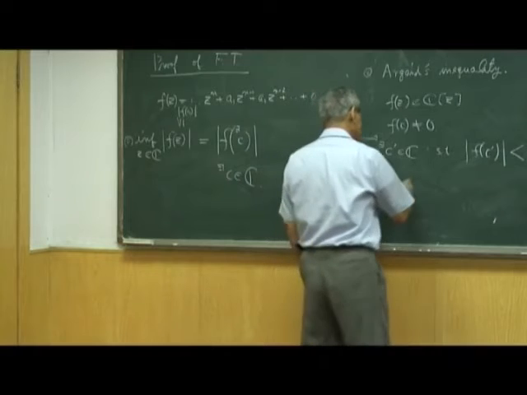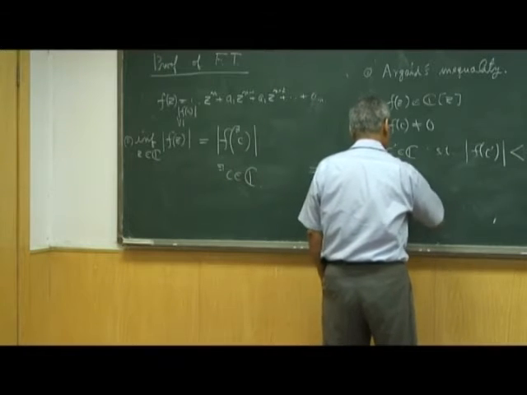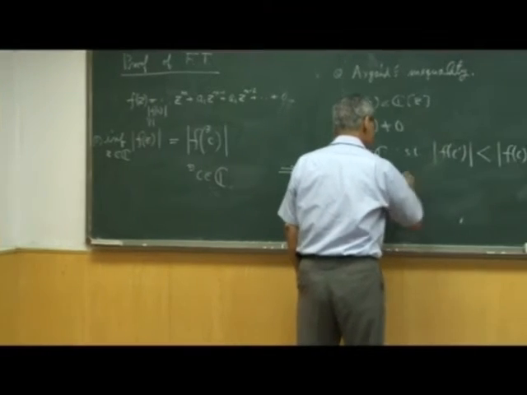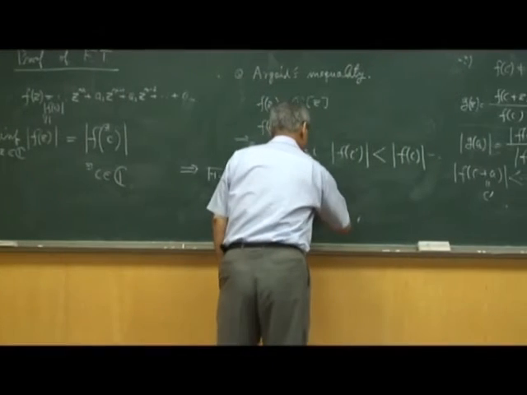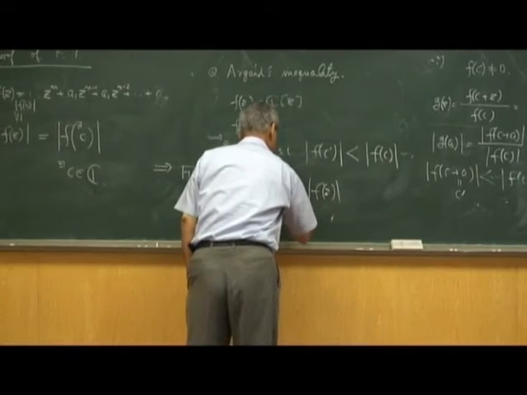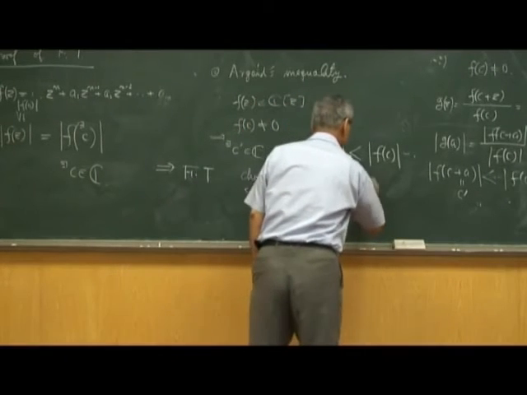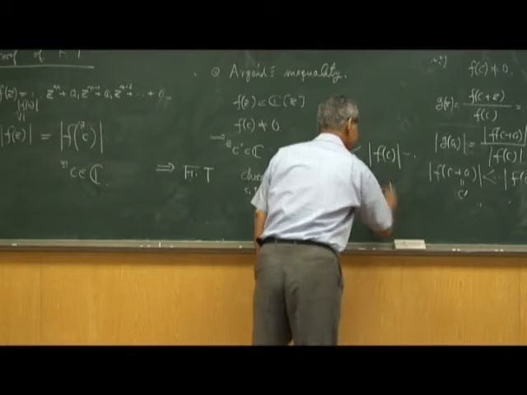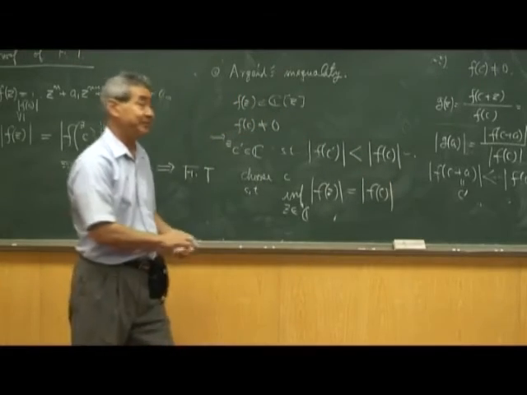So now choose c such that the infimum of fz over the whole complex plane is attained by fc. Okay?